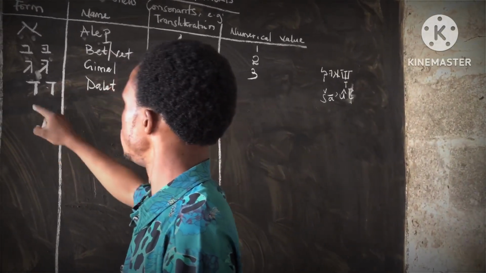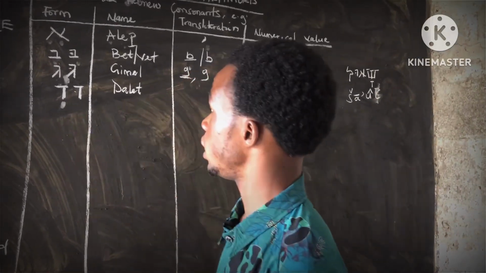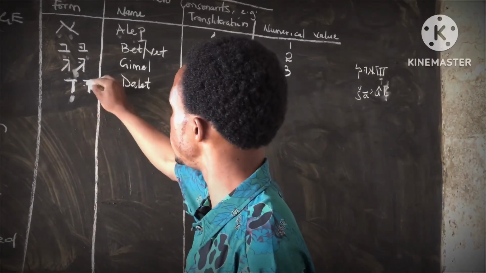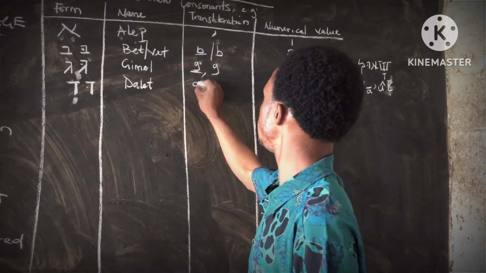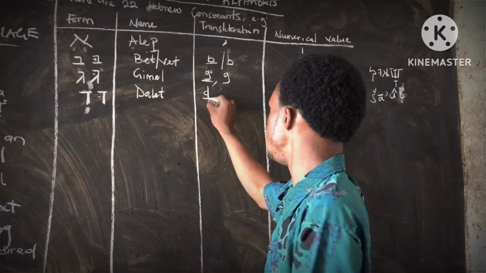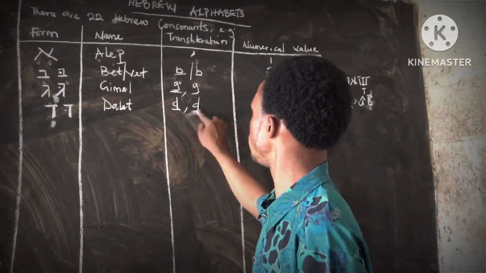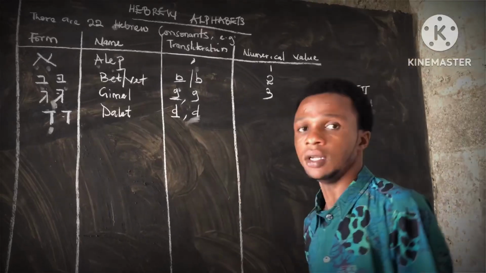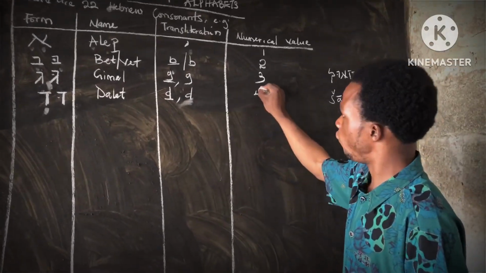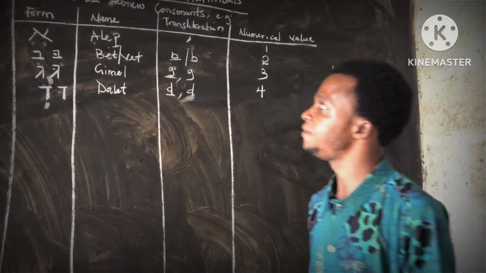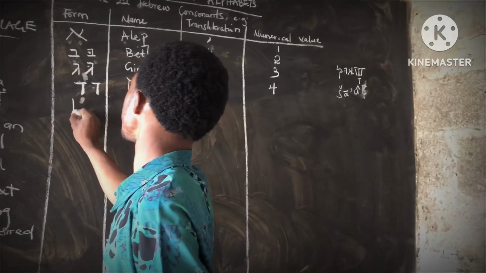Don't forget, the one without a dagesh simply means one letter, and the one with a dagesh simply means two letters. So we have it represented as D with a line for the first one, and D without a line for the second one. It is represented by 4.